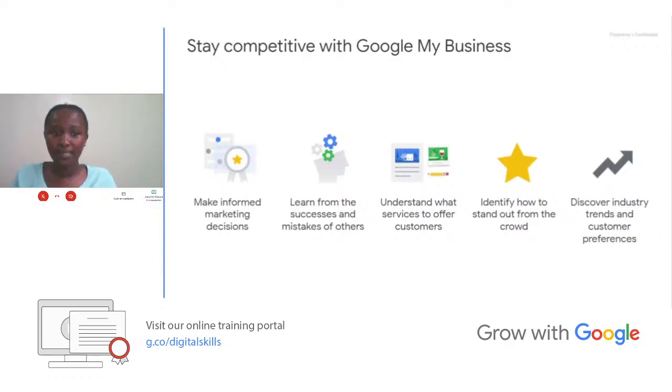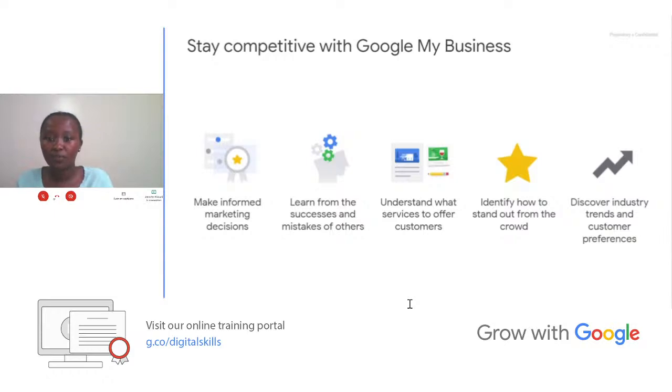So stay competitive with Google My Business. Having a GMB account helps you stay competitive and boost customer engagement online and in store. Make informed marketing decisions based on customer feedback and reviews. You can make better marketing decisions depending on the kind of feedback or reviews that you're getting from your customers.